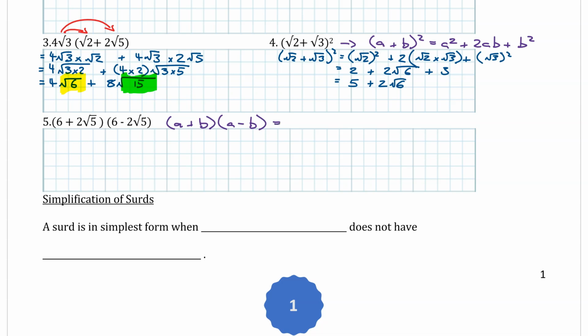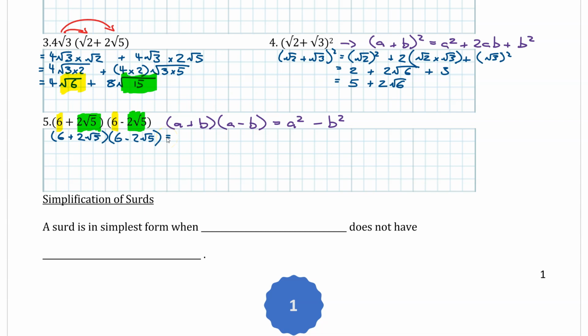And we know that the rule for this is going to be a squared minus b squared. So this little rule will help us expand it out in the shorthand version. So in this case our a is going to be 6 and our b is going to be 2 root 5.